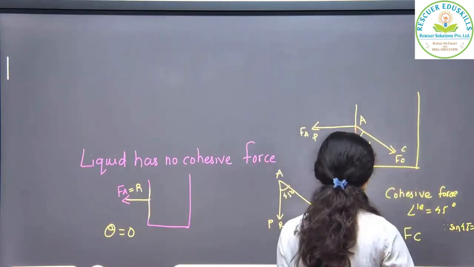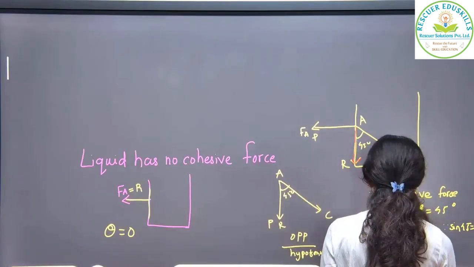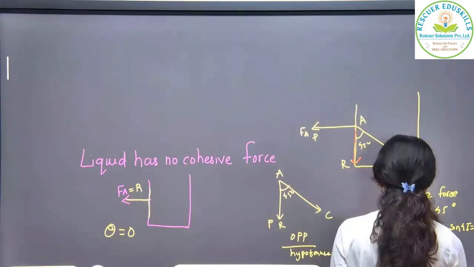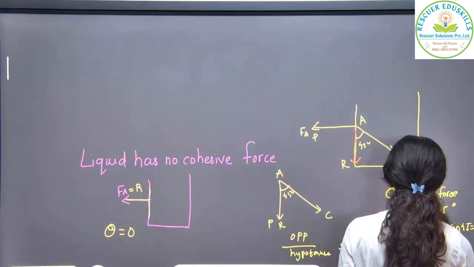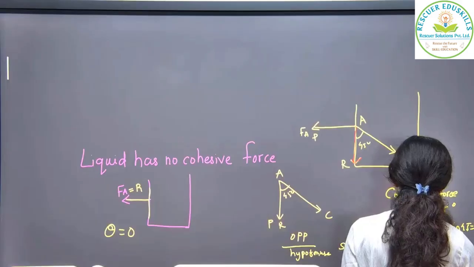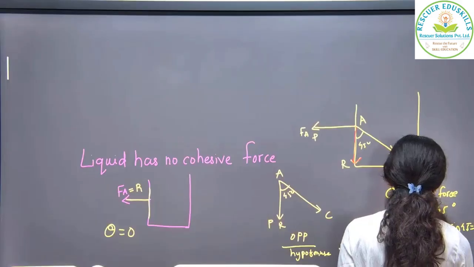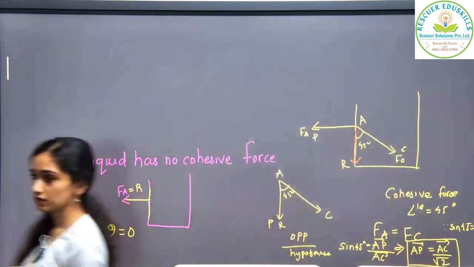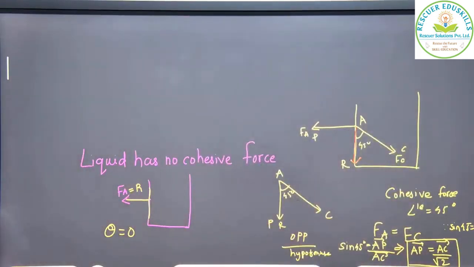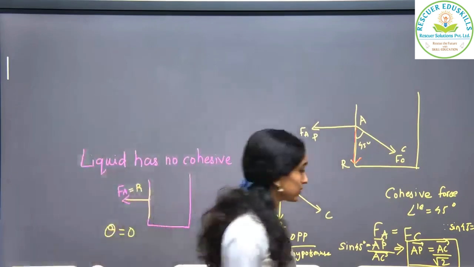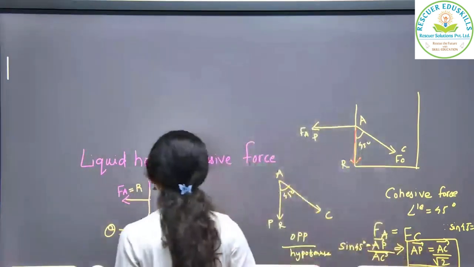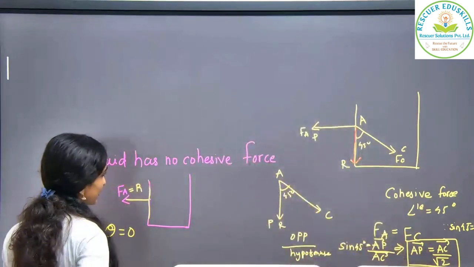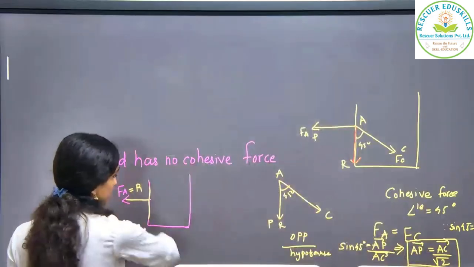Just put this in this equation. So we can write AP is equal to AC. This is the general equation. Now let's say that if the adhesive force is greater, I will just rub this part.